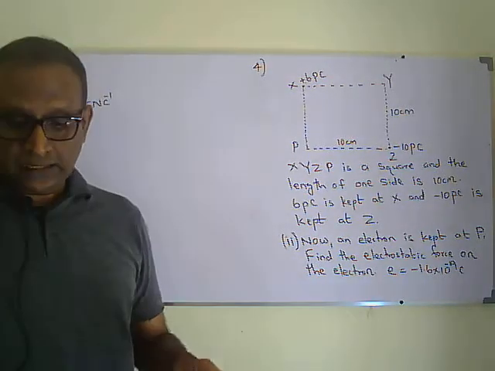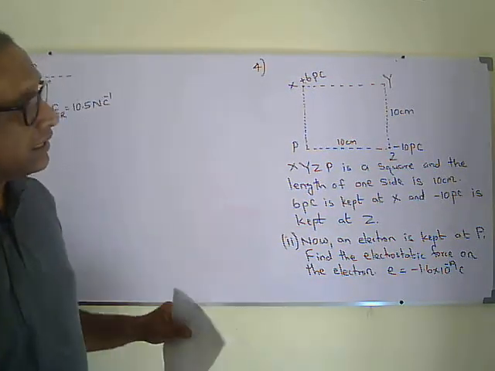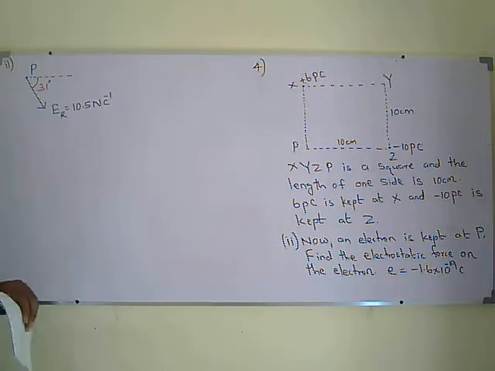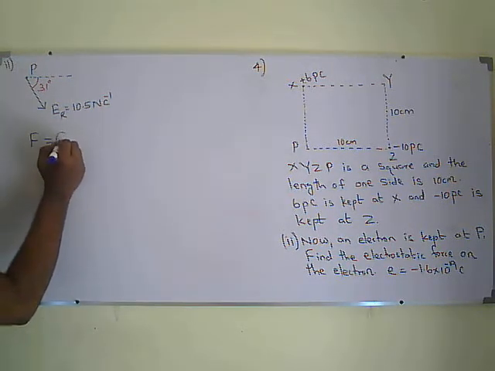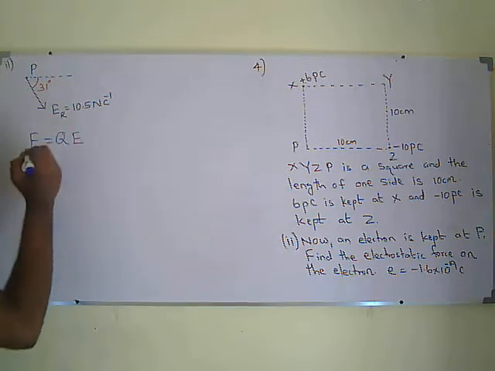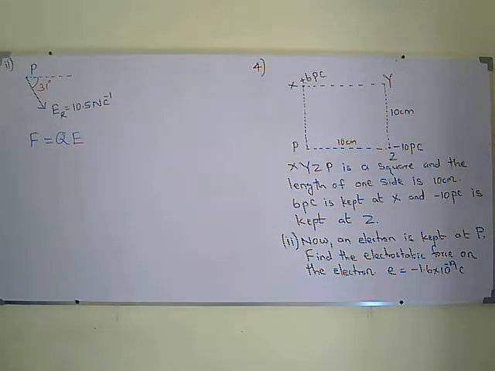When you keep an electron at that point, we can find the magnitude of the electrostatic force on the electron by using F equals QE, and we can find the direction too.